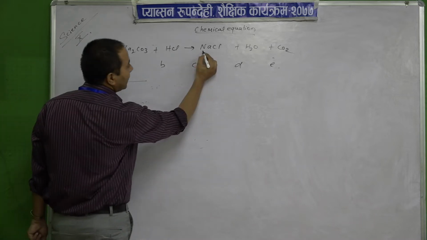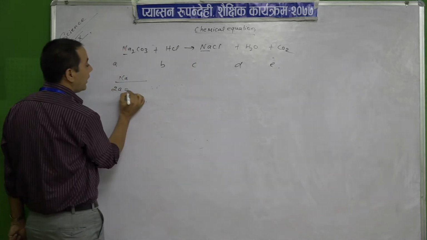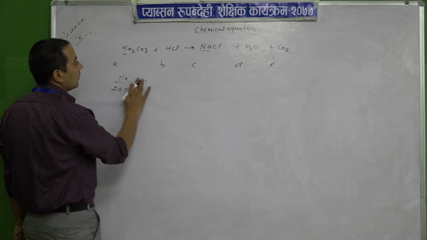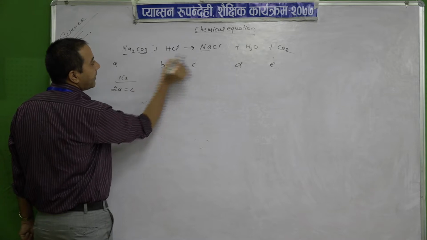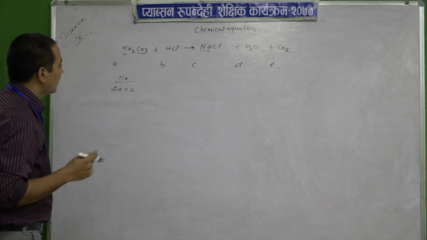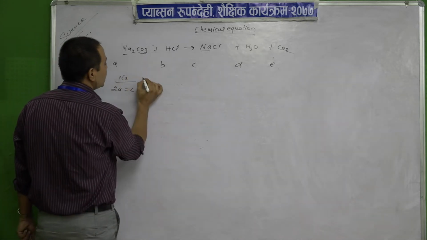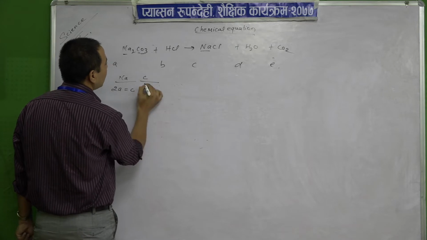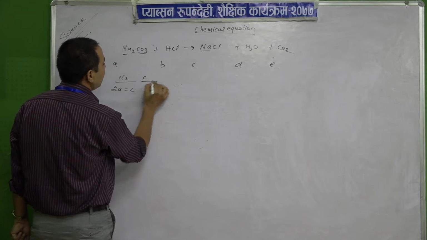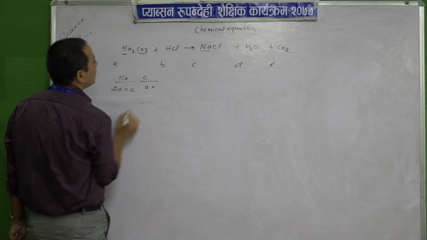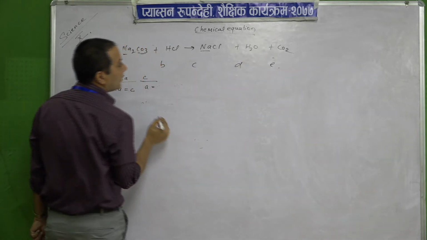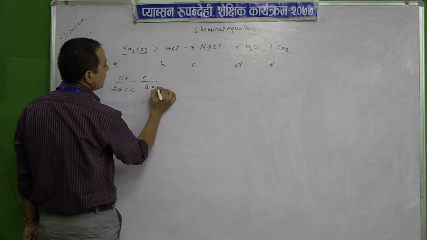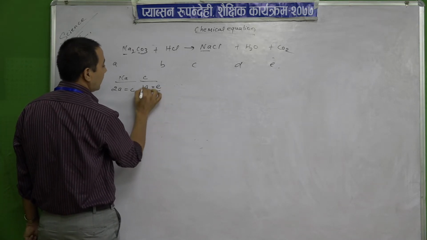Here we have to see the sodium, that is 2A equals C. Then carbon, because it is divided, we have to calculate another way. Carbon here is how much? 1. So A equals E.